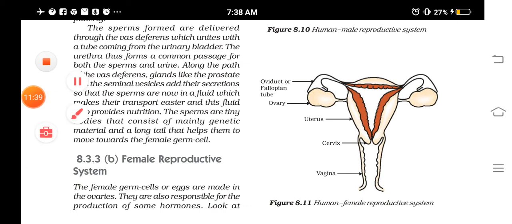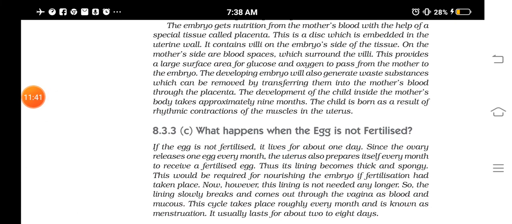The development of the baby inside the mother takes almost 9 months, and the child will be born due to the rhythmic contraction of the muscles of the uterus. When the child attains maturity in the mother's womb, it gives certain signals, and vigorous contractions are induced by some hormones.